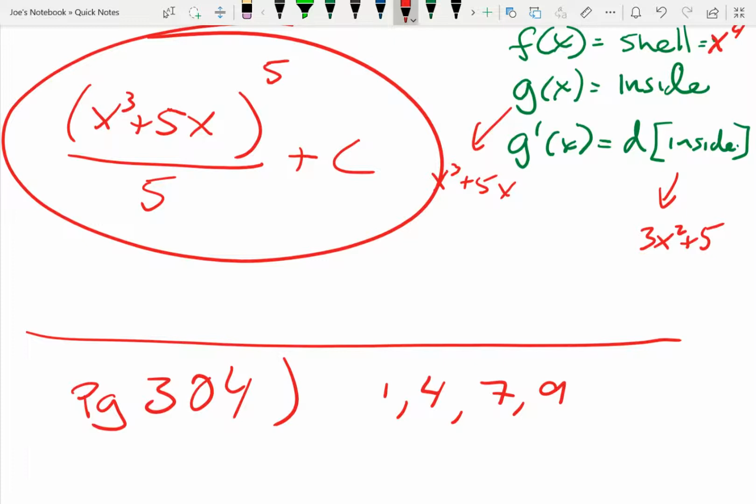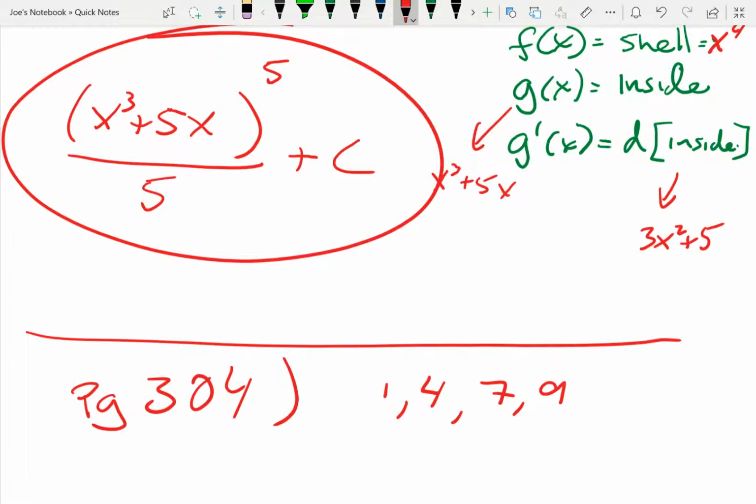We're going to talk about g of x and g prime x. It's the same exact thing, and when it rolls over, you'll be there. So we want to find the inside function and the derivative of the inside function. I also want you to find the outside function. It doesn't ask for it, but I want you to find just what we did: the shell, the inside, the derivative of the inside.